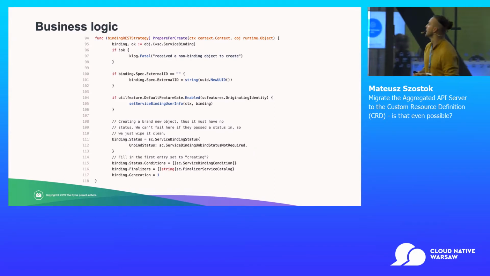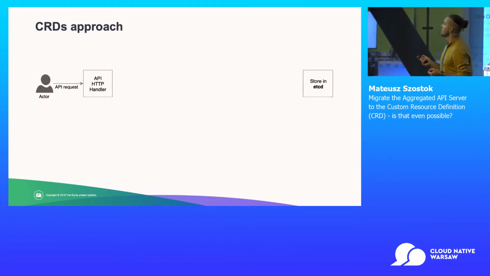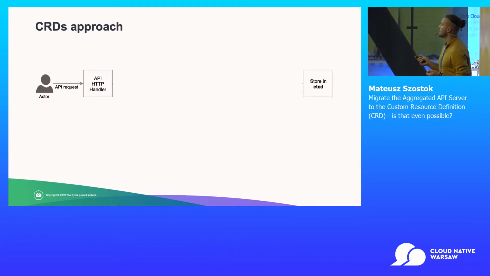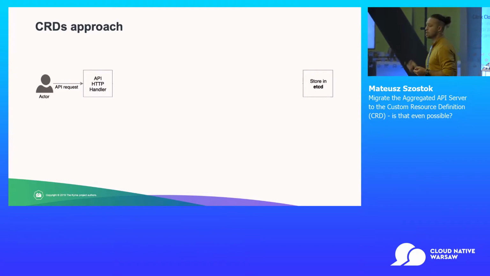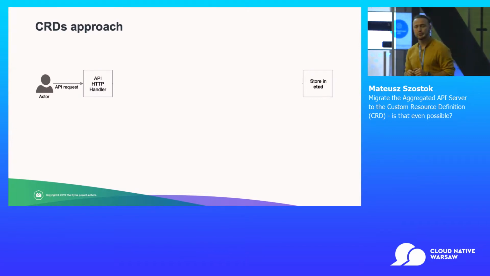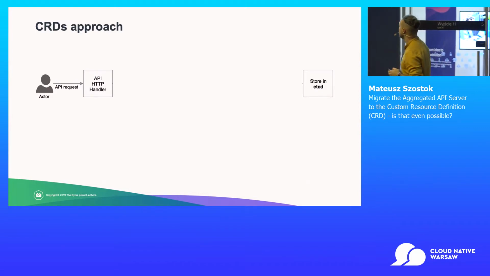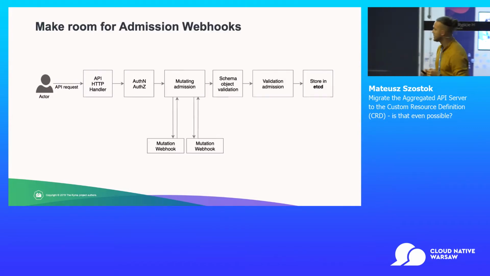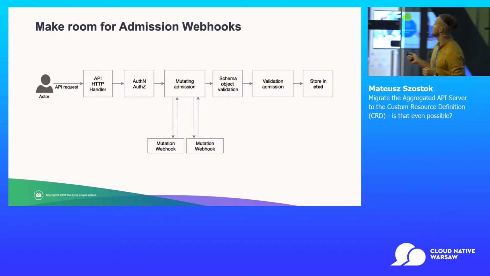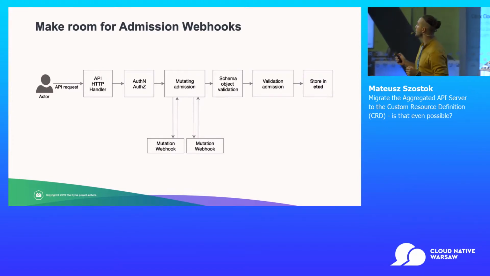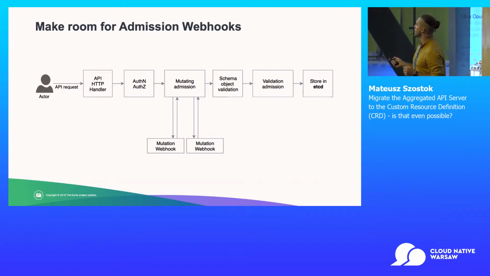It's cool. In the case of CRDs, we are going through the main API server and storing the object in the main etcd. So it'd be cool to intercept that request somehow. And what is cool is that CRDs are shipped together with admission webhooks. You can use a mutation webhook.